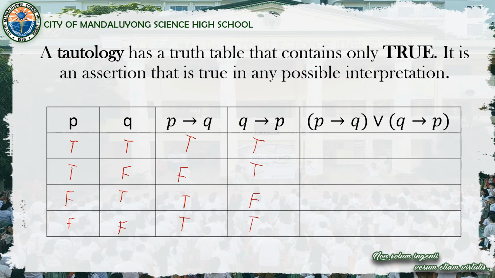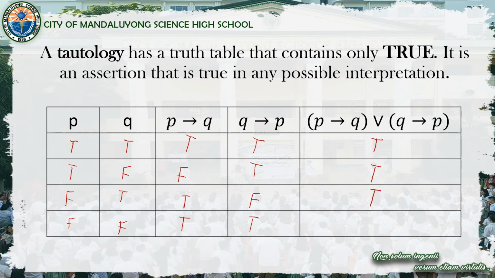Now, applying yung disjunct natin. Okay? True or true, it will give us a true value. False or true, it will give us still a true value. True or false, still true.